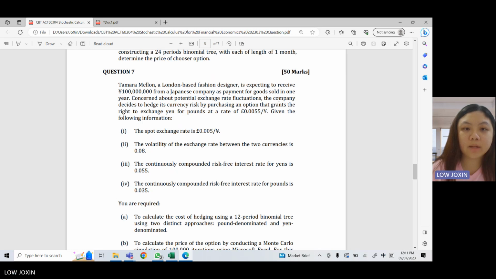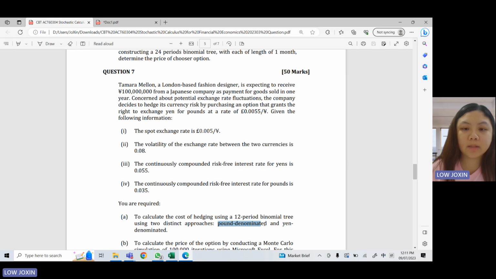So the company decided to hedge its currency risk by purchasing an option that grants the right to exchange yen for pounds at a rate of 0.0055 pound per yen. So we need to calculate the cost of hedging using a 12-period binomial tree with pound denominated and also yen denominated.